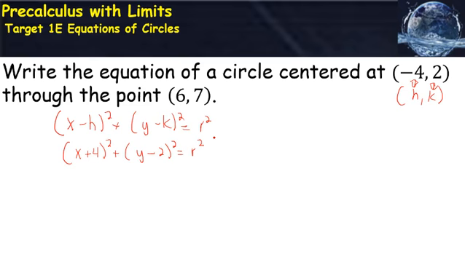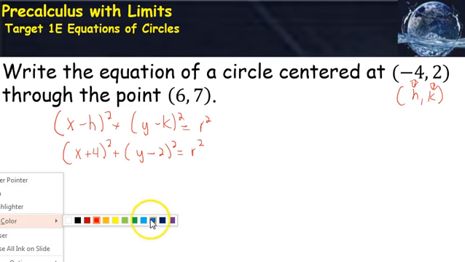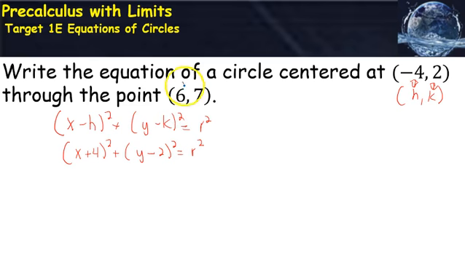To find the radius, I'm going to plug in. So let me get another color. This is my x and this is my y. So I'm going to replace x with 6 and y with 7.